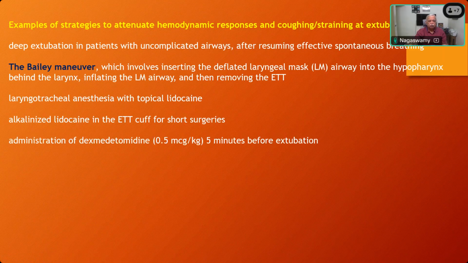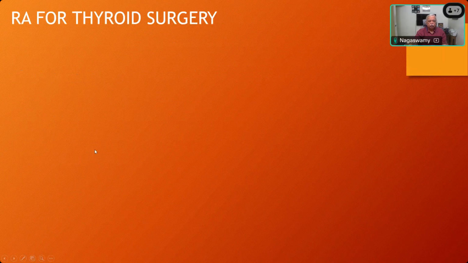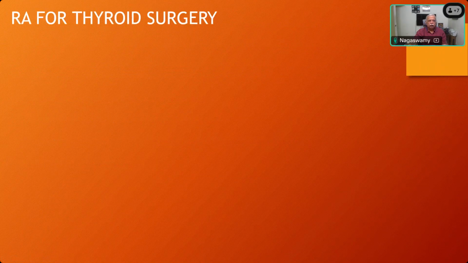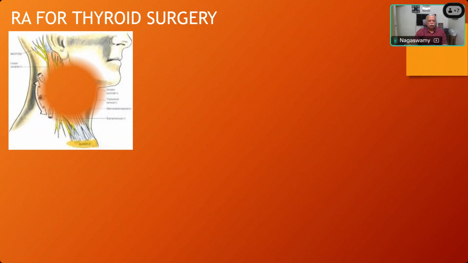And the administration of dexmedetomidine, small dose before extubation, and low dose remifentanil infusion can be continued. So these are some of the things that may be asked in the viva, how to avoid bucking and coughing during extubation. Regional techniques for thyroid surgery.